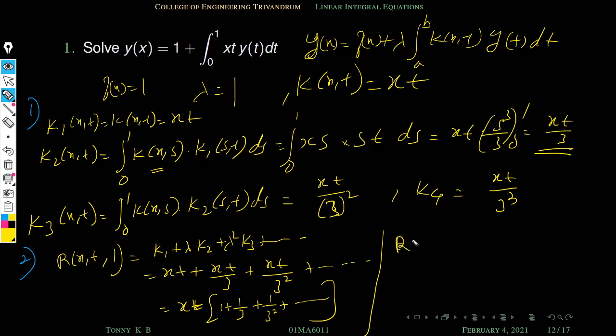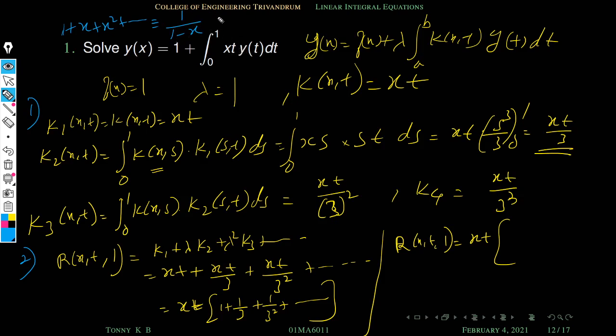So R(x,t;1) is equal to xt into 1 plus x plus x square plus etc. What is 1 plus x plus x square plus etc.? That is equal to 1 by 1 minus x.